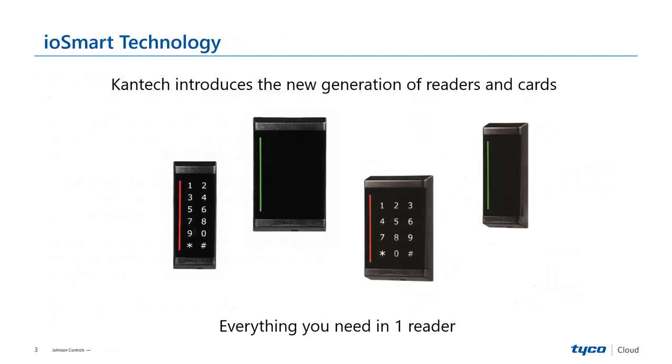So with that, we've taken our ioSmart readers, the really cool readers we launched about 2-3 years ago, and we can now use those as part of the Taiko Cloud.